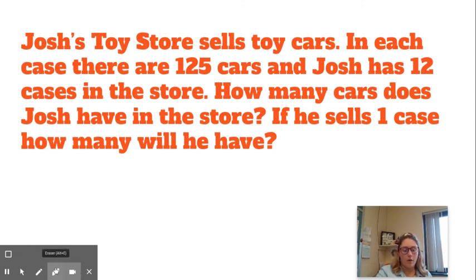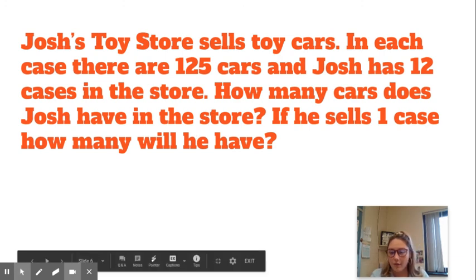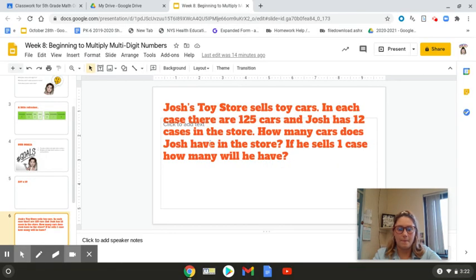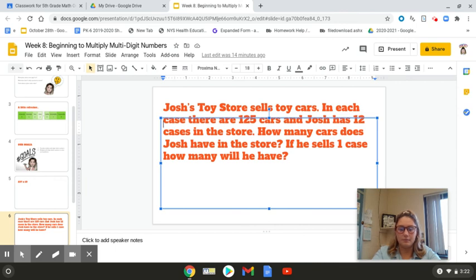And of course, we always have to conclude with a sentence when we are solving a word problem. So, in my opinion, a great sentence for us would be, I'll just type it in here because I can't type when I'm using Screencastify.